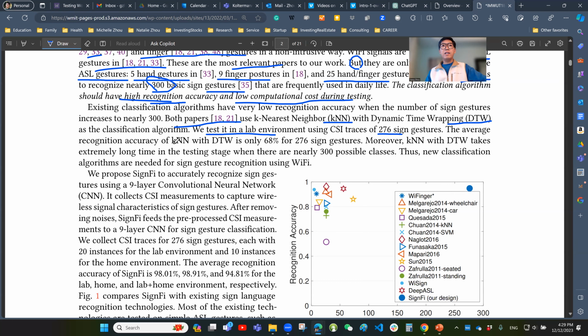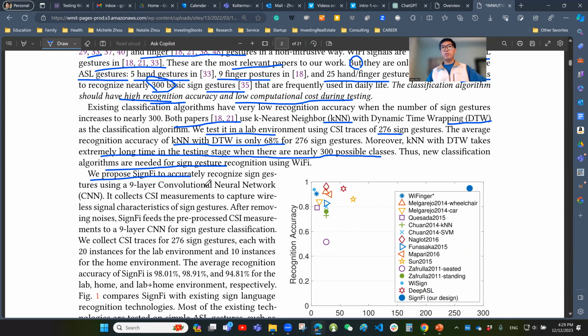The average recognition accuracy of these two is only 68%. Moreover, KNN and DTW take an extremely long time in the test stage when there are nearly 300 possible classes. Therefore, new classification algorithms are needed.